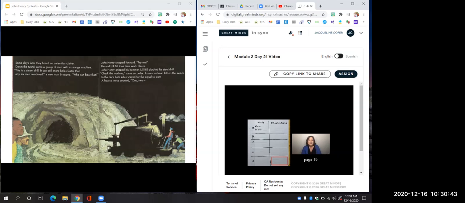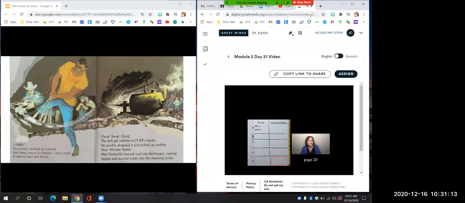John Henry stepped forward. "Try me." He and little Bill took their workplaces. John Henry gripped his hammer. Little Bill clutched his steel drill. "Check the machine," came an order. A nervous hand fell on the switch, and in the dark, both sides waited for the signal to start. A hoarse voice counted, "1, 2, 3."